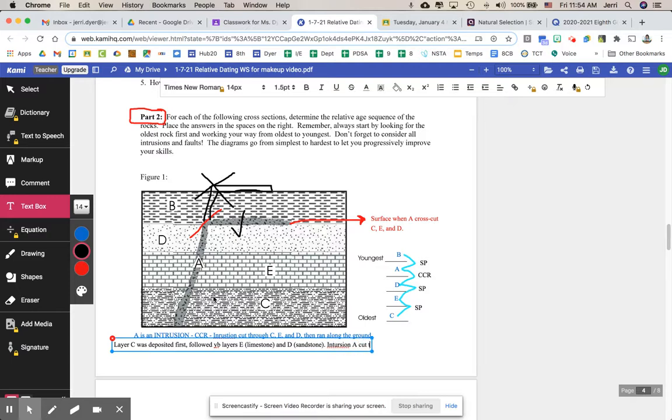Intrusion A cut through C, E, and D. Then layer B, which is shale, was formed on top of A and D.